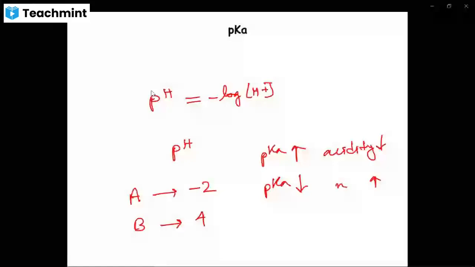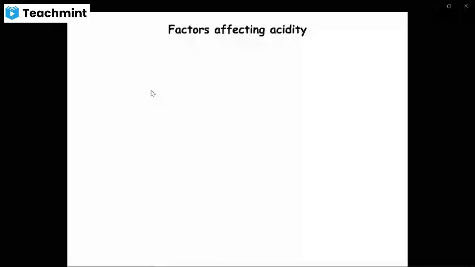Okay, so now we'll go into the factors which decide the acidity. Before that, there is just one thing you have to remember, that an acid is what gives H plus, and a base is what accepts H plus, or gives electrons.